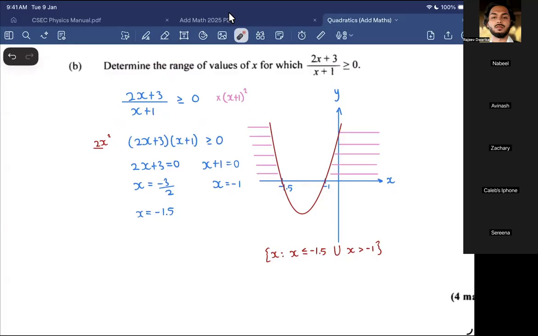If I say x is more than or equal to -1, that means I'm including -1 in my answer. But if x is -1, what will it do to my function? It will be undefined. It will break it. So you understand, I can't include -1 in my answer for that reason.